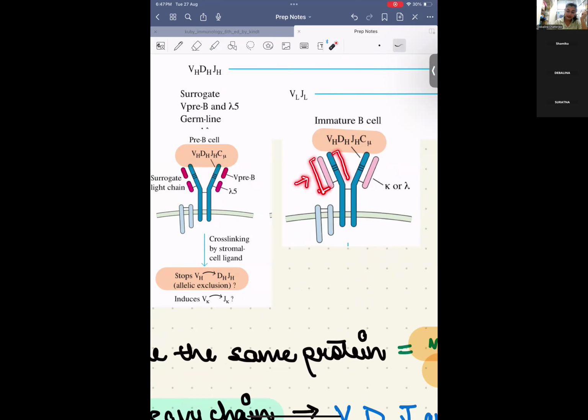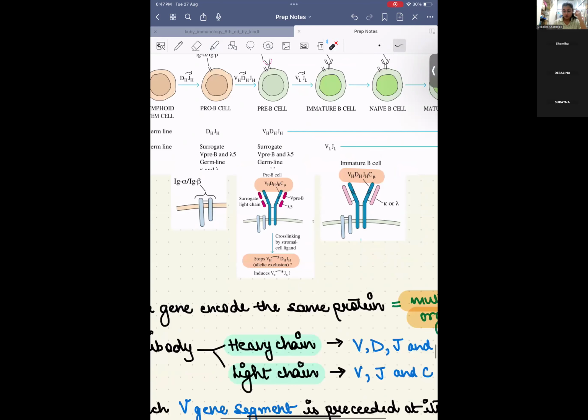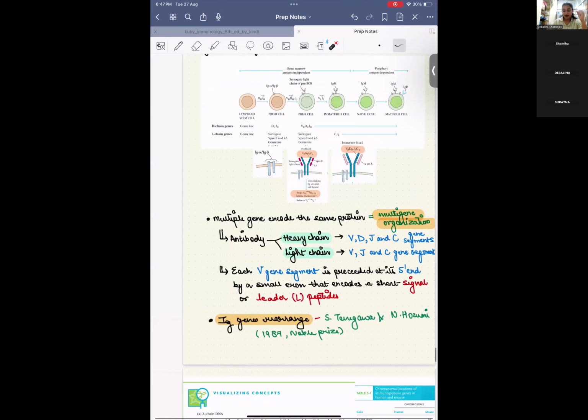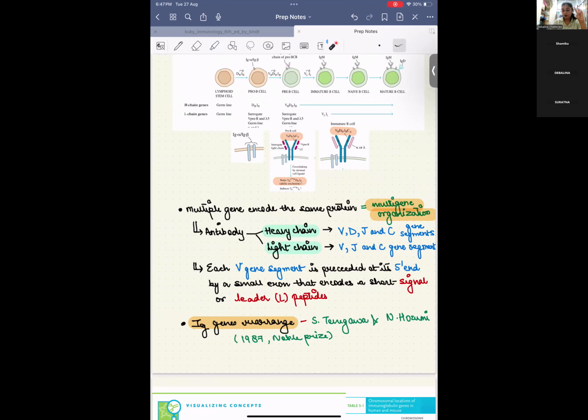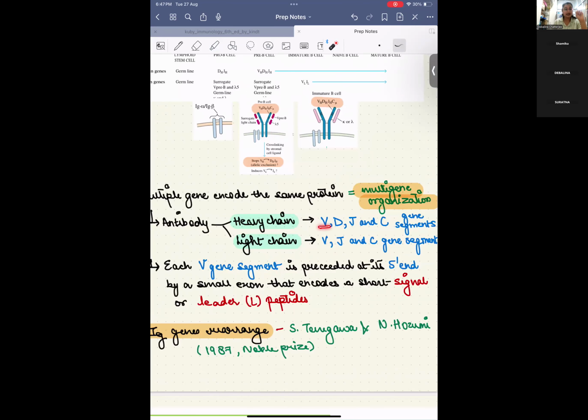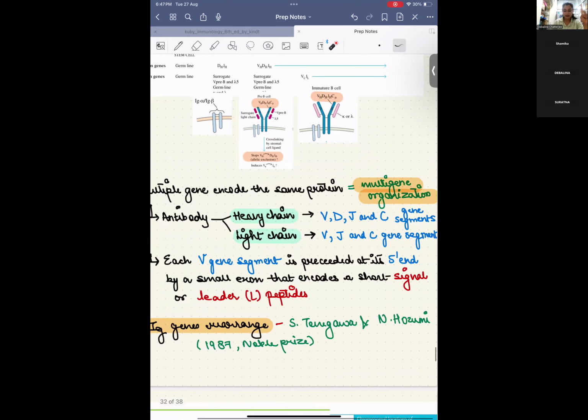Similarly, multiple genes code for this entire structure. People came across the fact that for the heavy chain, we have four gene segments encoding one protein, and for the light chain, we have three such gene segments.